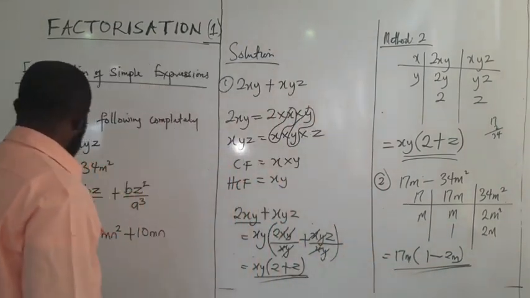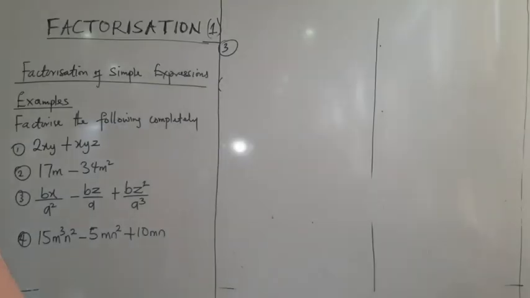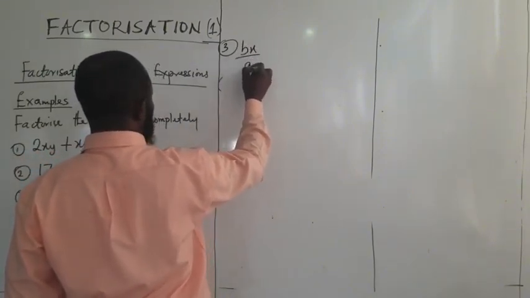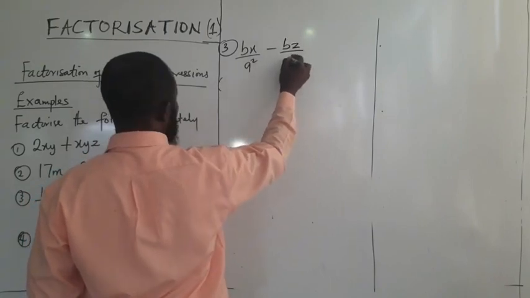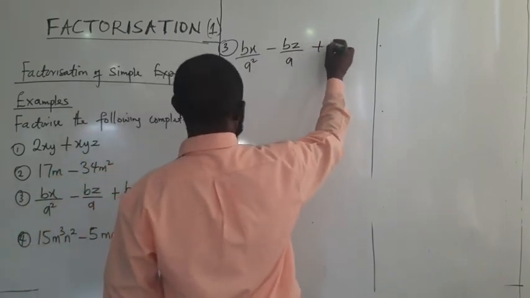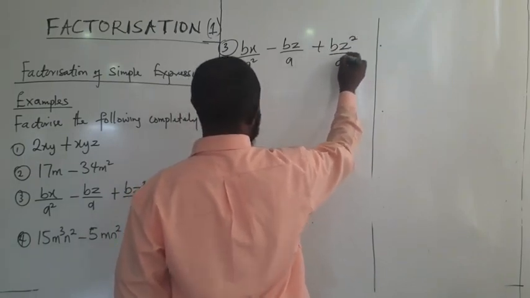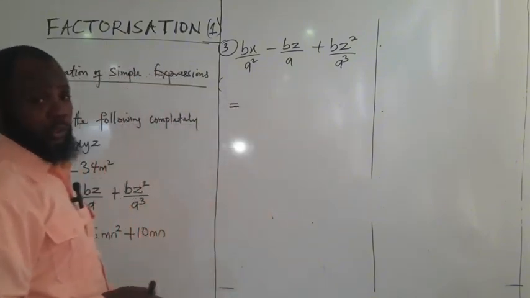So let's go to example 3, which involves fractions, and see how we're going to solve that. For question number 3, we have bx over a squared minus bz over a plus bz squared over a cubed. Now the technique we are going to use here is quite different from the one we just used.